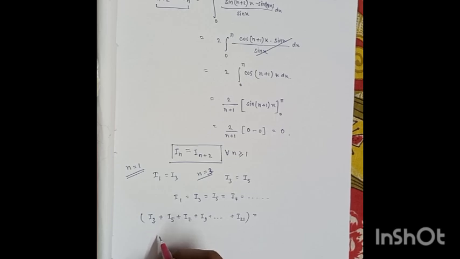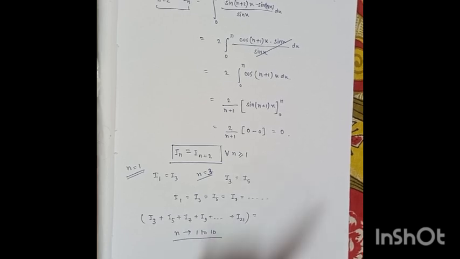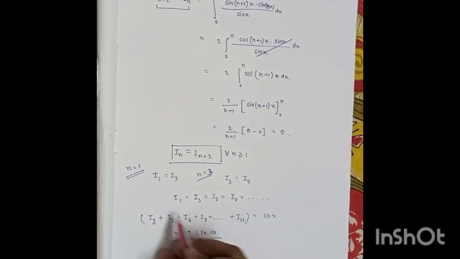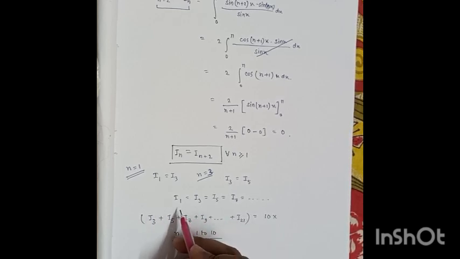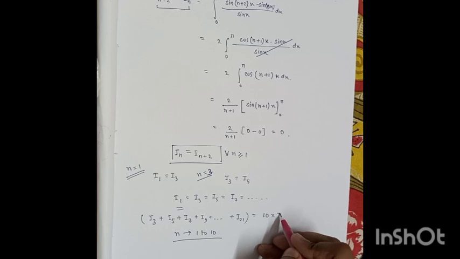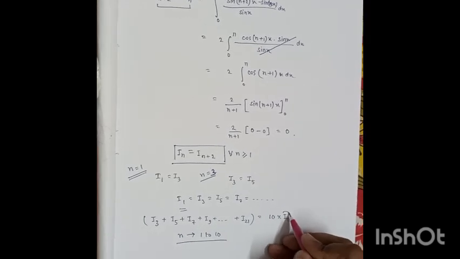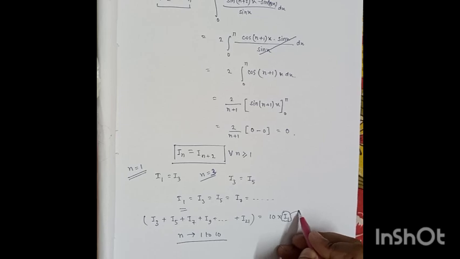The n is varying from 1 to 10. So basically here there are 10 terms. So 10 into, now all those integrals will become equal to I1, 10 times I1. Now we have to find and focus on this integral I1.